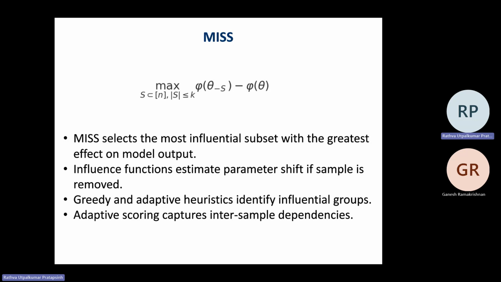But in adaptive, we do it at every iteration: we reevaluate the weightage, and then we can find the most influential subset.